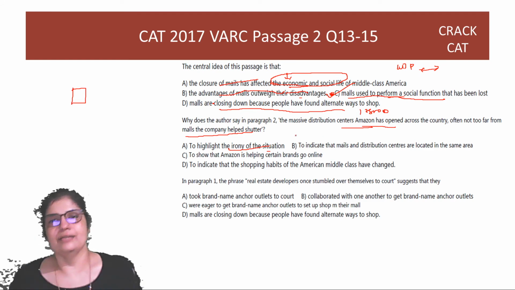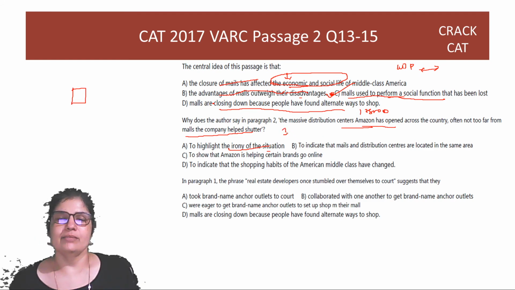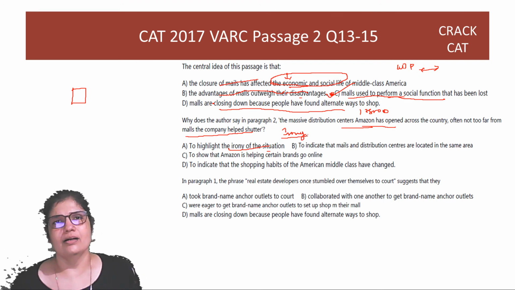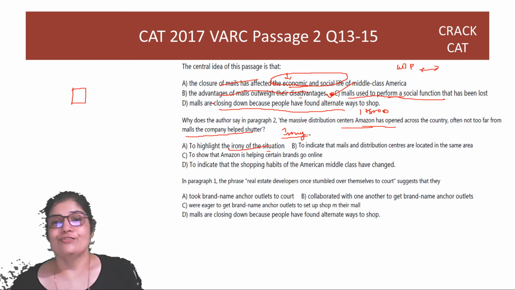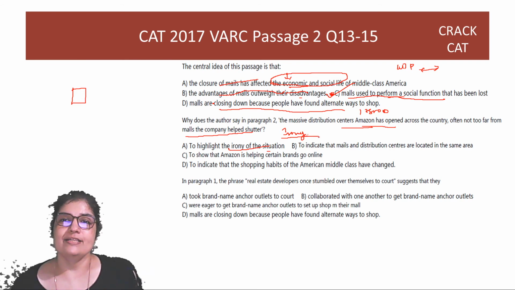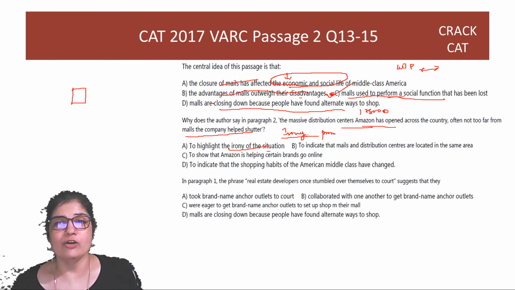What is irony, guys? Irony is something like you expect. You know, I'm just thinking of a good example for irony. So, for example, if I said that you don't pronounce a word properly, but I say pronounce, right? So the irony is that I myself am not pronouncing properly, and I'm talking about pronouncing.